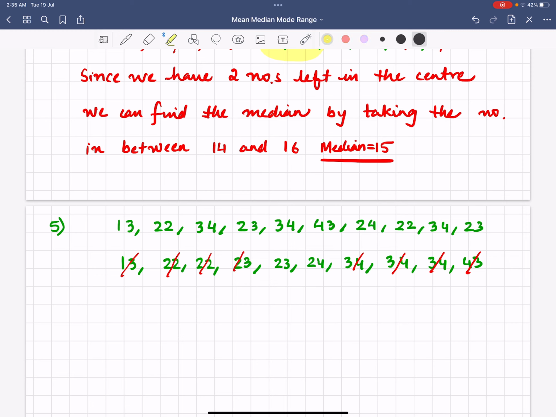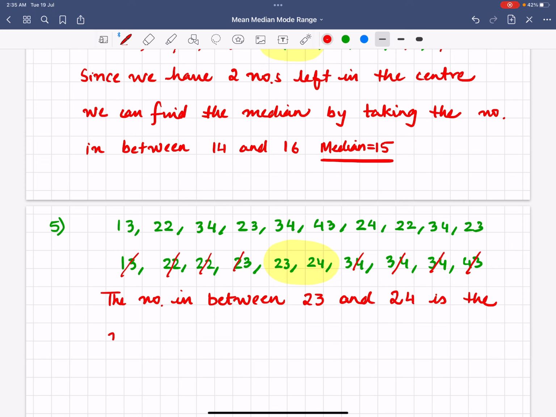Again, we are left with two numbers in the middle. So the middle number, the number in between 23 and 24 will be our median.